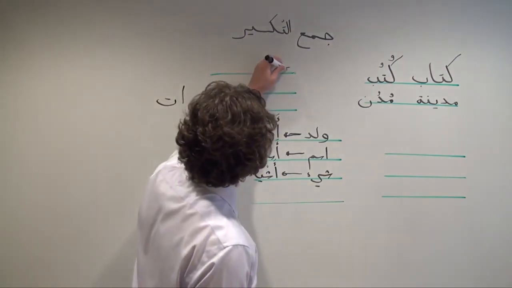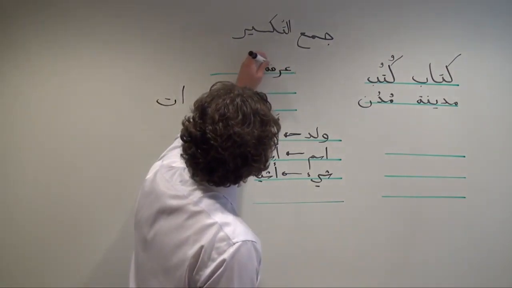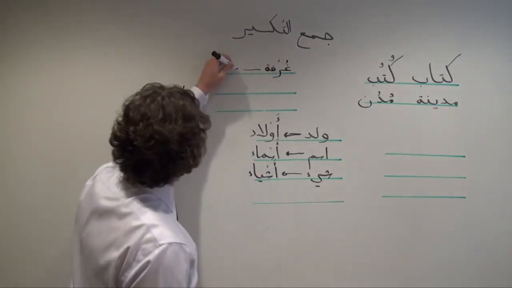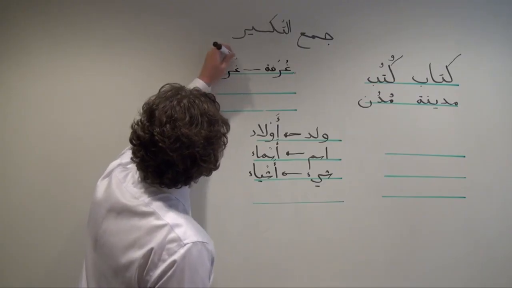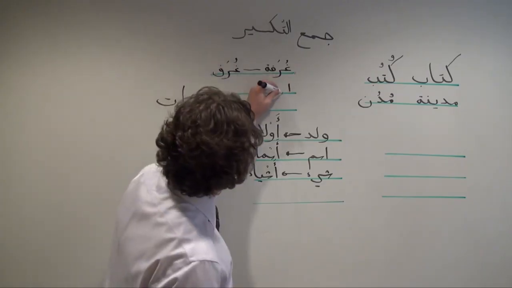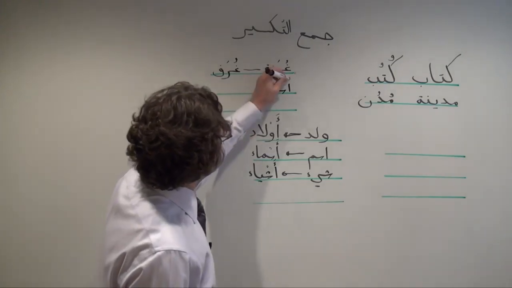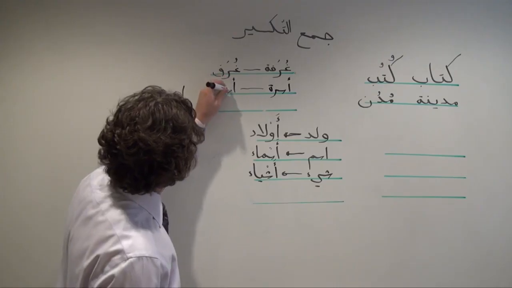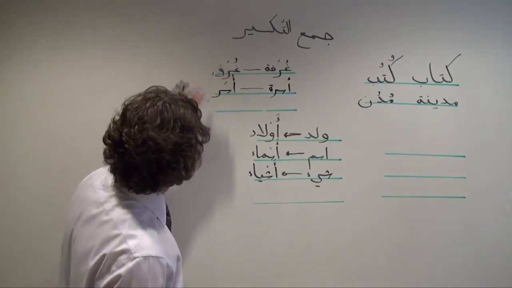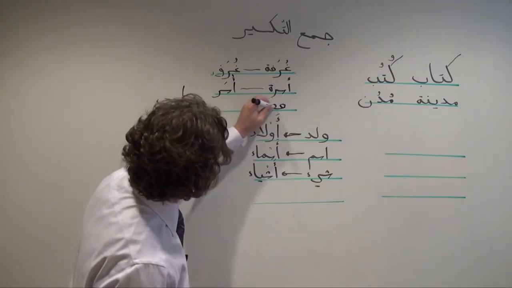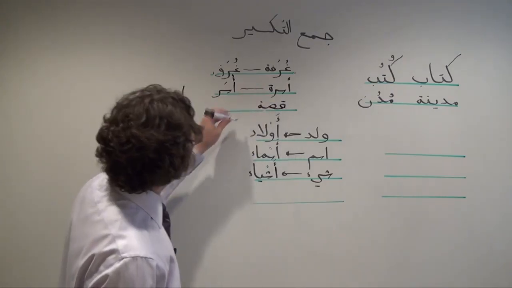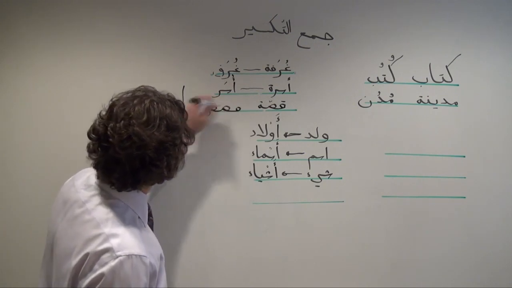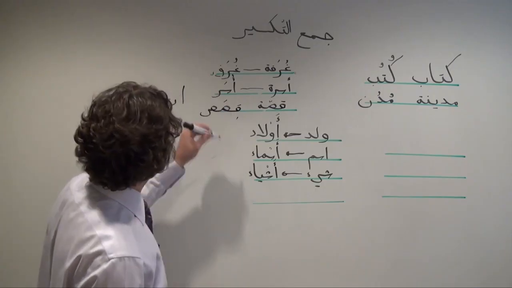Sometimes we have words like غرفة, which turns into غرف, or أسرة, which turns into أسر, or قصة, which turns into قصص.